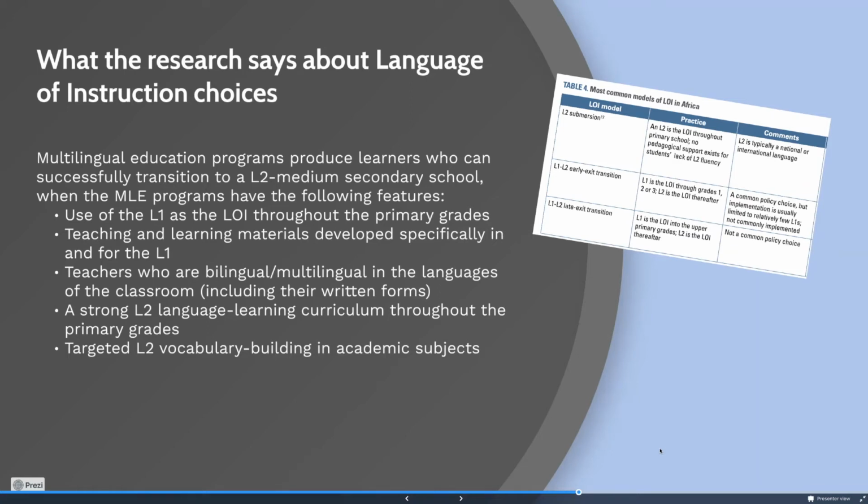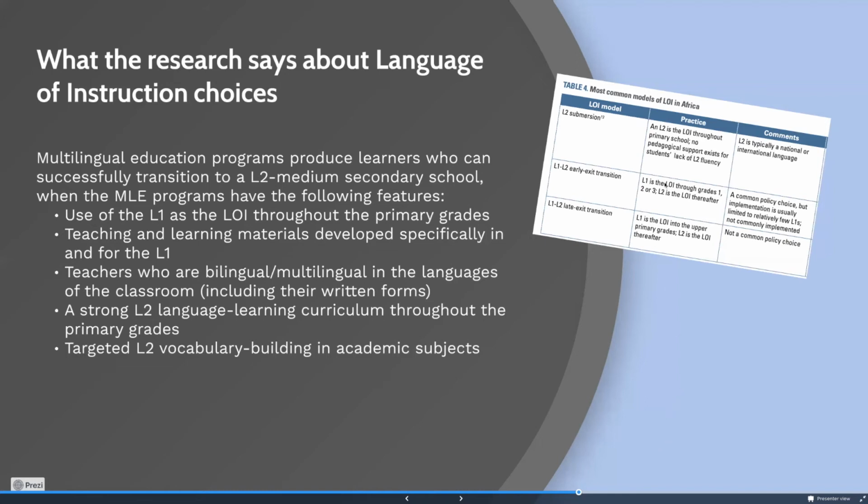Having teaching and learning materials that have been developed specifically in the first language and for the first language. There need to be teachers who are bilingual or multilingual in the languages of the classroom. And that includes their written forms, so they can read and write these languages as well. There needs to be a strong second language learning curriculum that runs throughout the primary grades, as well as targeted second language vocabulary building in academic subjects. This is what will make for strong multilingual education programs.